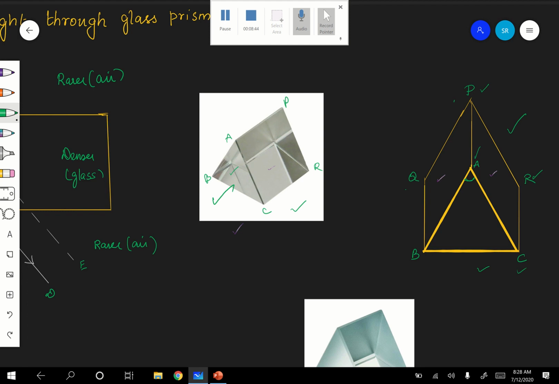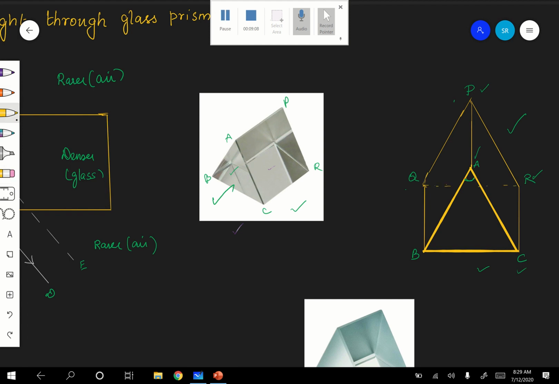Let me draw it with one more color. That will also be a triangle in shape. Correct?